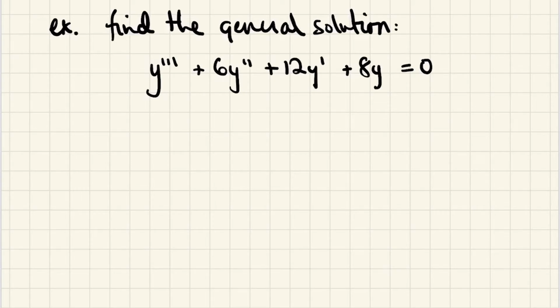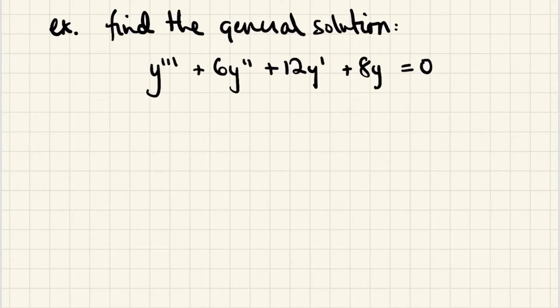All right. In this case, we have a third order homogeneous linear differential equation with constant coefficients. And there's actually nothing specific about the second order one that we solved in the general case at the beginning of this lecture, other than the fact that we used the quadratic formula to get m1 and m2.